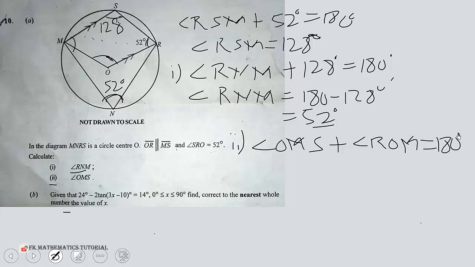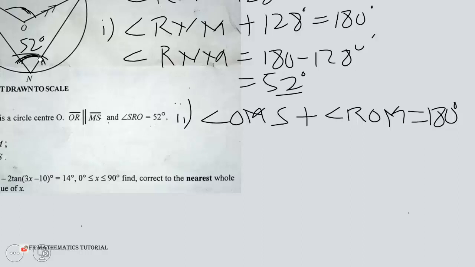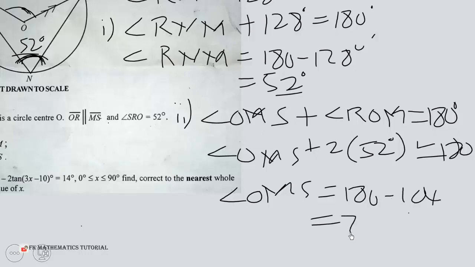Now angle ROM is 2 times this angle, because it is the angle at the center. So it is twice the one on the circumference, which is 52 degrees, giving 104. So angle OMS will be equal to 180 minus 104, which is equal to 76 degrees.